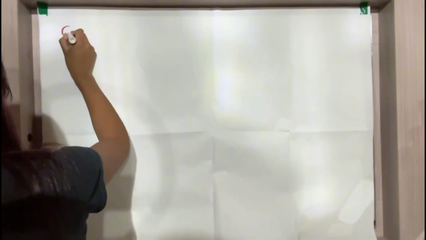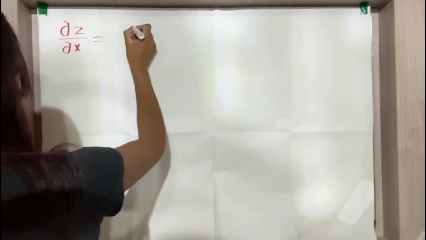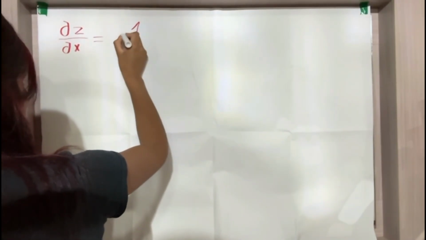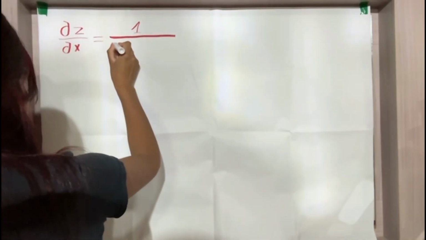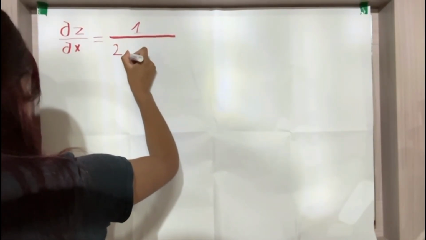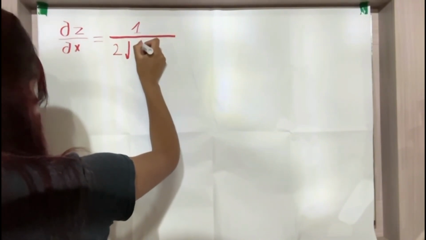At the point x equals pi over 3 and y equals 0, it becomes 1 over 2 times the square root of pi over 3.